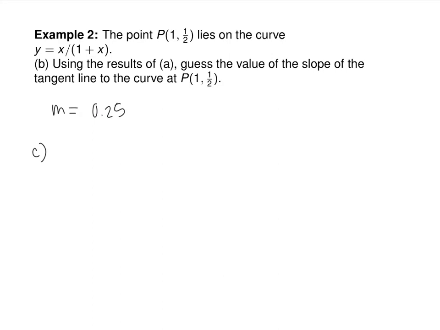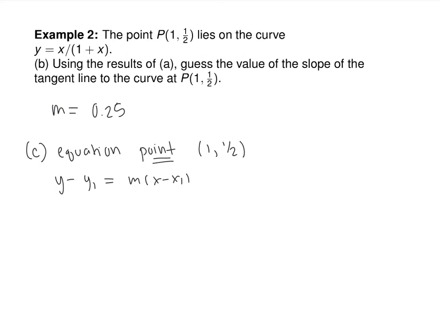And then part C says to get the equation. What is the point that you use in your point slope form? 1, 1/2, yep. And that's your slope. So y minus y1 equals m times x minus x1.